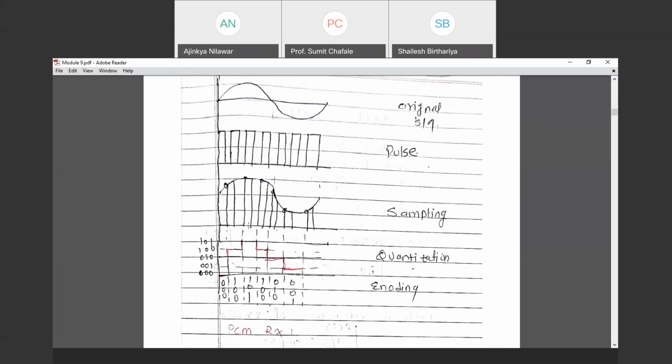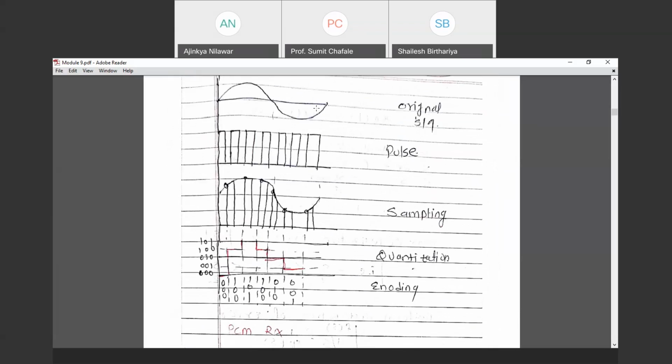Then encoding. So this is how the PCM process works, analog signal at the input. Just remember the block diagram: we have analog signal input, then sampling, then quantization, then encoding.